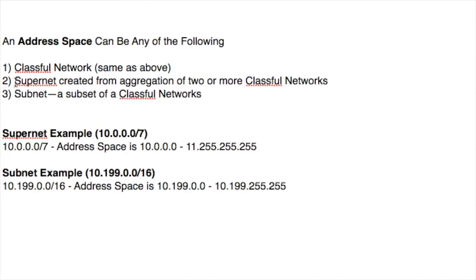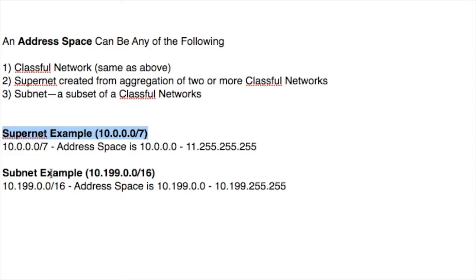Another way that we could define an address space would be a supernet. So we could say 10.0.0.0/7. That aggregates the 10 network and the 11 network together into one supernet. So now our address space is 10.0.0.0 through 11.255.255.255. And then we could also take a subset of a network.